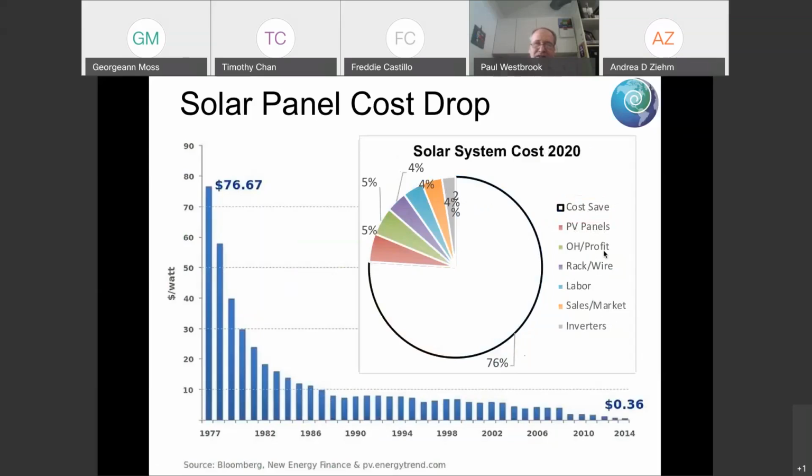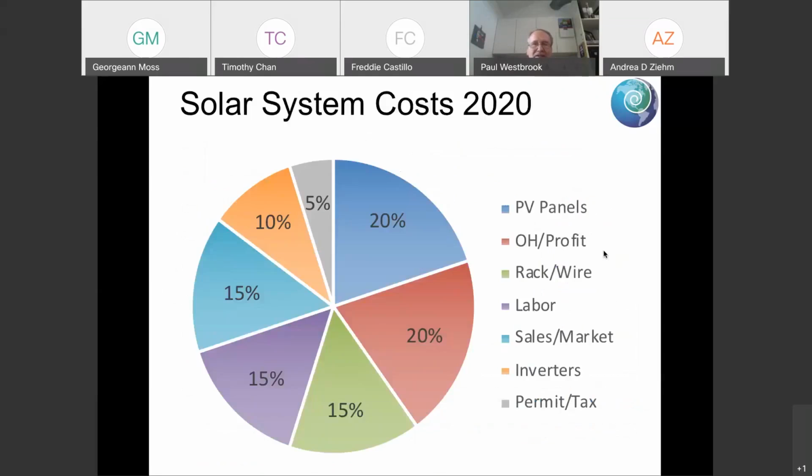The PV panels are no longer the driver of the system. It's all of what they call balance of system, all of the rack and the wire and your permitting and the inverters and marketing and sales from the company. So it's been interesting to see the shift. Here's what a 2020 cost looked like. Panels, profit. It's all very well distributed, and there are many people working on every slice of that to keep driving the costs down if they can.